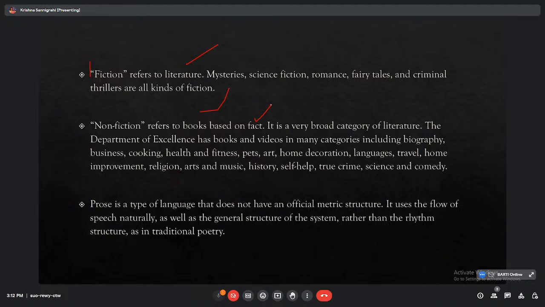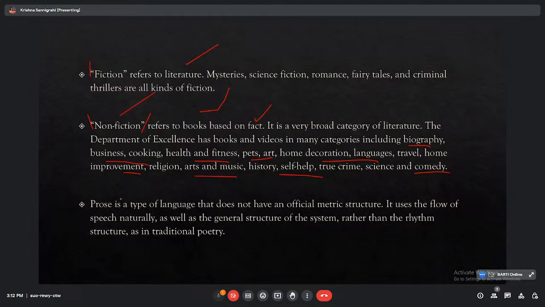It includes books and videos in many categories, including biography, business, cooking, health and fitness, pets, art, home decoration, languages, travel, home improvement, religion, arts and music, history, self help, true crime, science, and comedy. That is what comes when we talk about the idea of nonfiction.